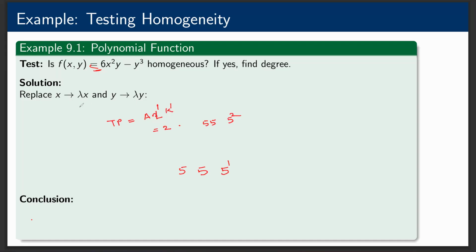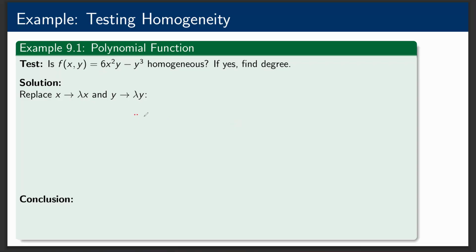Okay, then I'm going to do one example here. We have to find out whether it is homogeneous or not, and if homogeneous, what the degree is. How to do it? In place of x, you can write lambda x or tx. Both will give the same result.